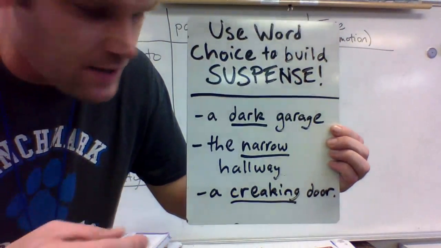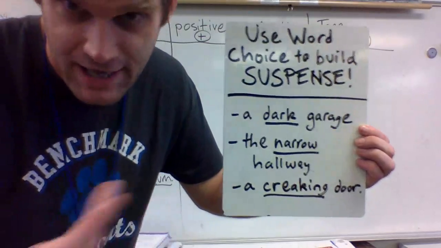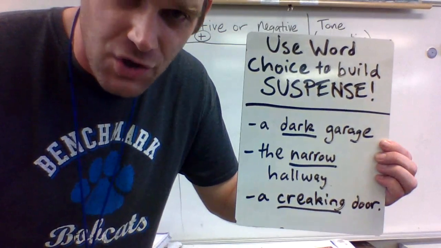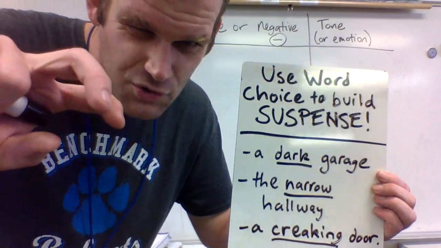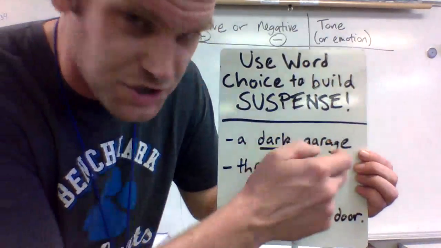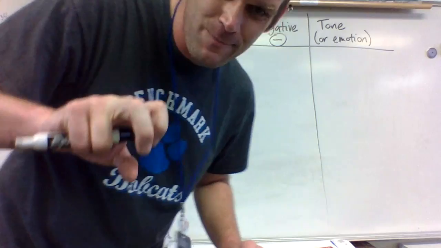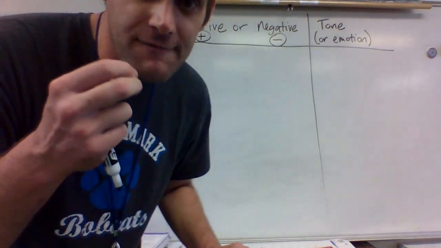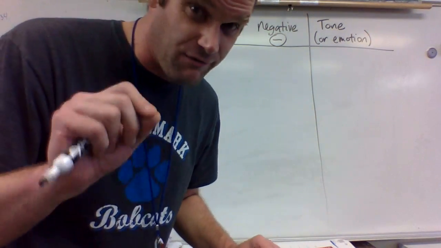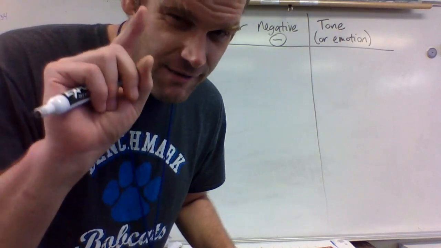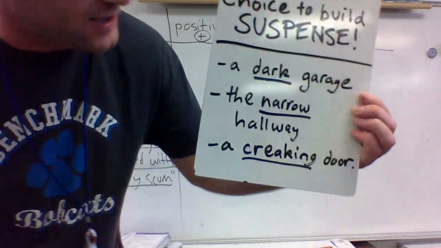You can have somebody go into a garage. That might be a part of your story. But if you just use one additional word and say that it's a dark garage, or perhaps that the lights are flickering, you can create a sense of suspense or even fear in the reader. And that is a very powerful thing to do as an author.